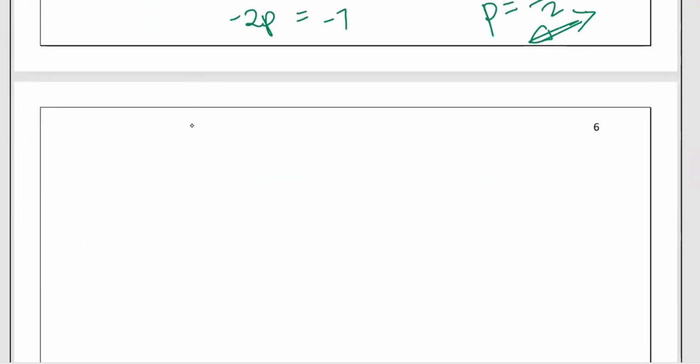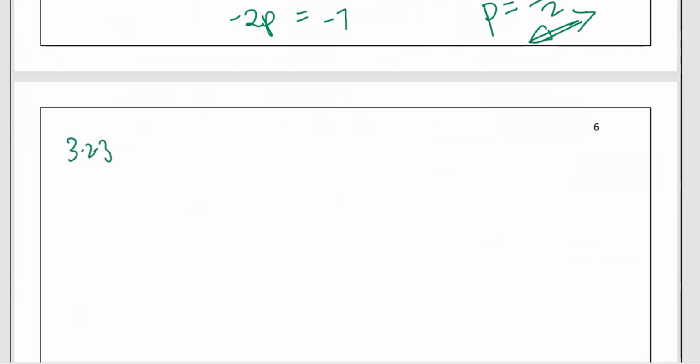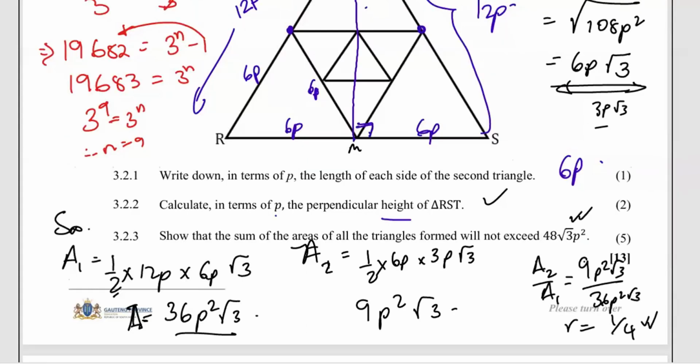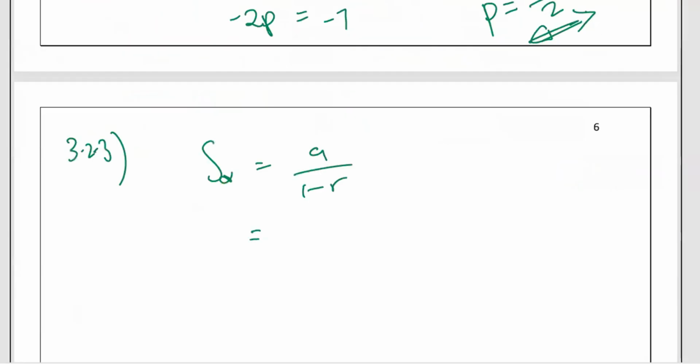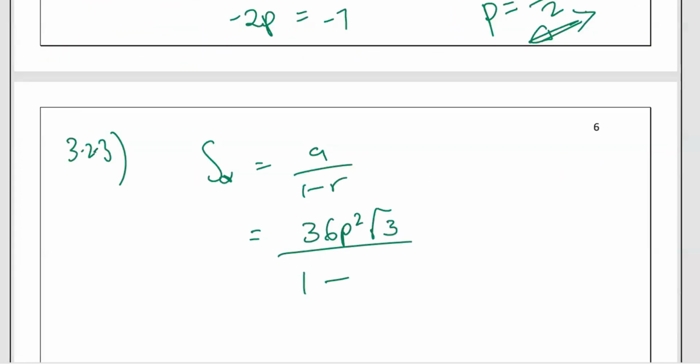Sum to infinity, this is 3.2.3. We know that sum to infinity is a over 1 minus r, okay? Our first term, or our first area, is 36p squared root 3, over 1 minus, we said our common ratio is a quarter.